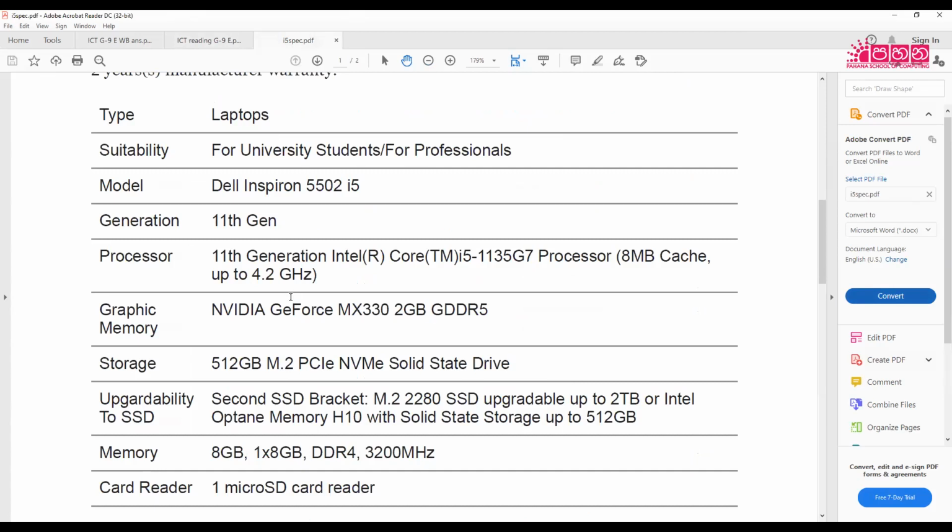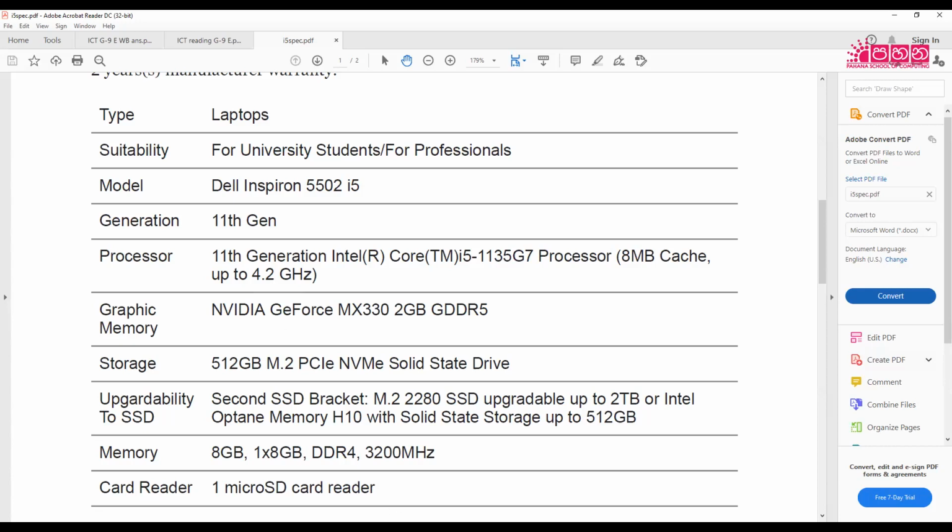Processor speed? It's under processor, right? What is the speed? 4.2 gigahertz. Yes, it should be 4.2 gigahertz.